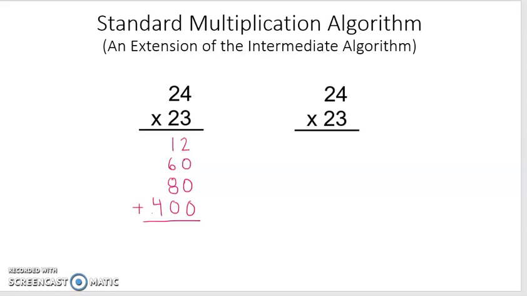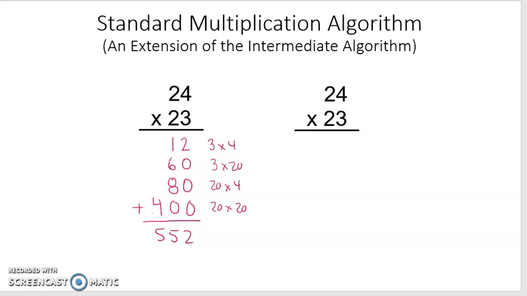We said that the 12 is the 3 times 4. Okay. 60 is 3 times 20. The 80 is the 20 times 4. And the 400 is 20 times 20. That's the intermediate algorithm, which we said was 552.